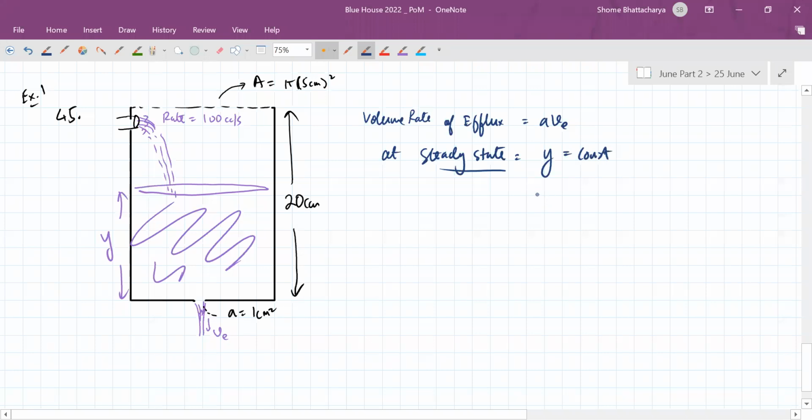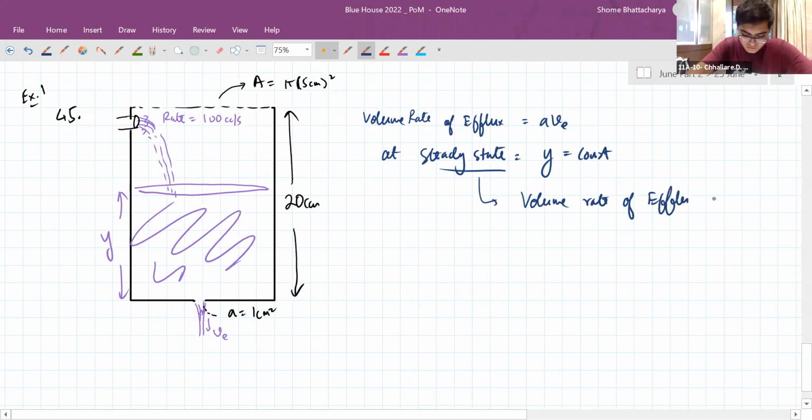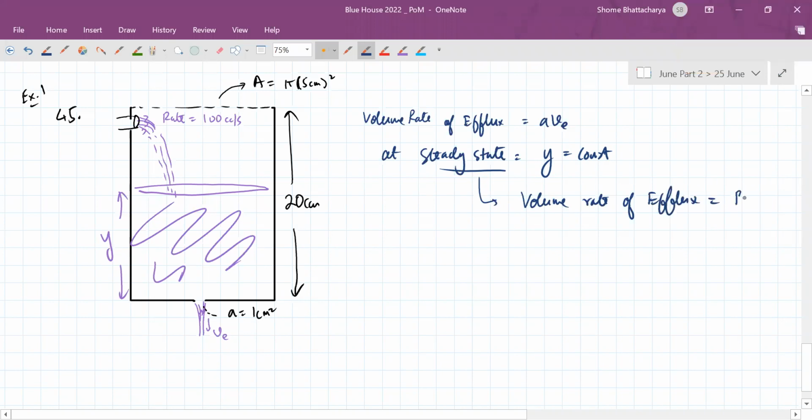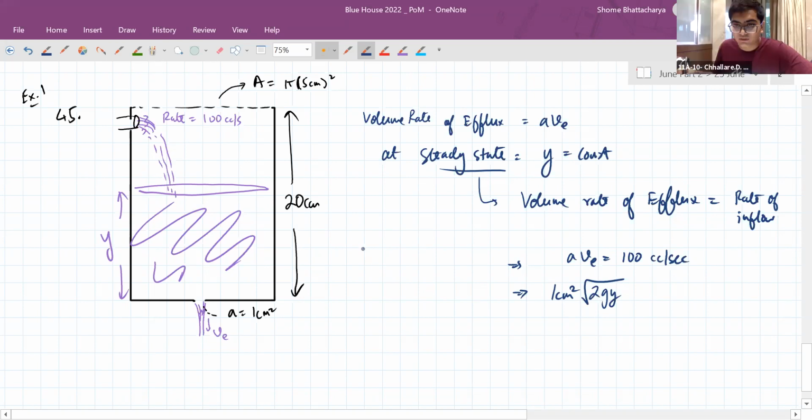So y becomes constant because the volume rate of efflux equals the volume rate of inflow from the tube. So this A into efflux velocity should become equal to 100 cc per second. Okay, so this A is 1 centimeter square, and this efflux velocity will be approximately root 2gy. Yes, sir.